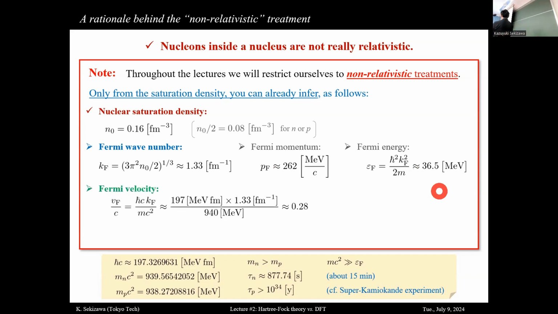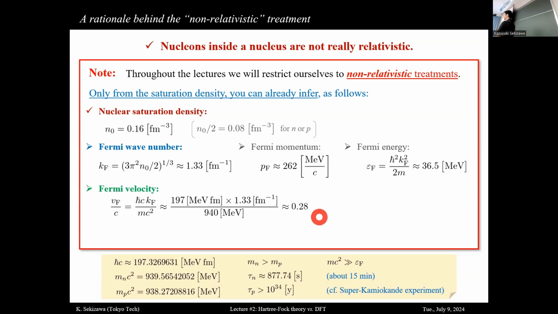So the question is whether this is really relativistic or not. The Fermi velocity can be evaluated in this way. By putting in these numbers, mc squared, h bar c, and kf, already given here, you can get this number. The nucleons at the Fermi level inside the nuclei move at 30% of the speed of light.